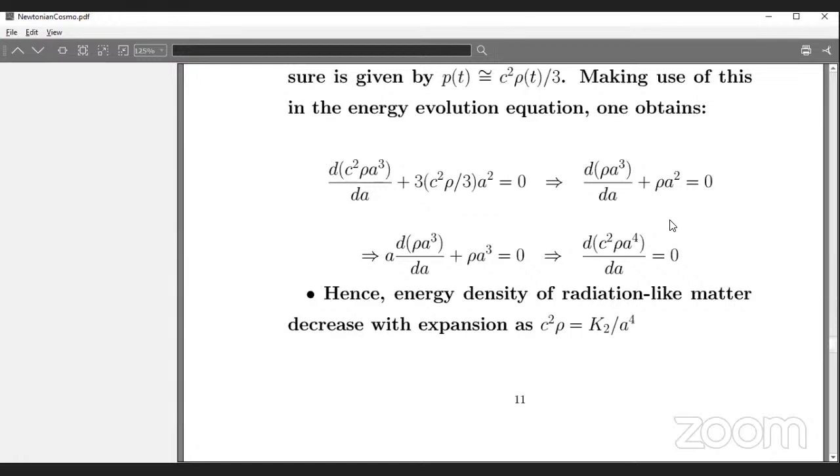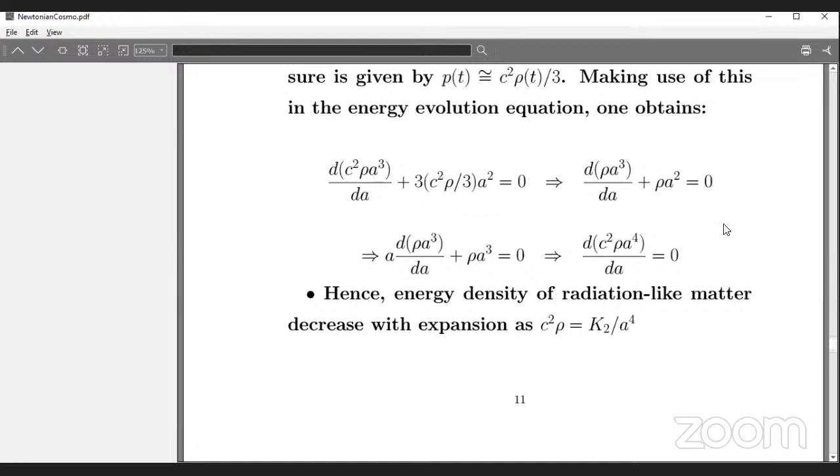So at t1, if the wavelength is lambda 1, then we know that lambda 2 at t2 will be more than lambda 1, and lambda 2 will be simply lambda 1 times a of t2 divided by a of t1. So the redshift that happens because of stretching is simply the scale factor now divided by the scale factor at which the photon was emitted.